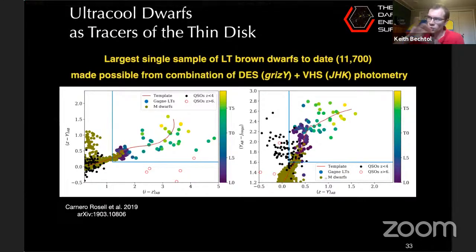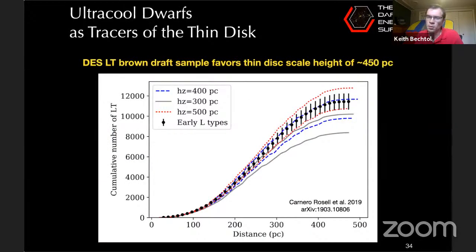So we were basically trying to separate out these ultracool dwarfs in the color space. And then you can also see quasars in different redshift ranges, shown by the black and red dots. And so with the combination of the DES and the VHS photometry, we're able to make color selections to pick out these ultracool dwarfs.